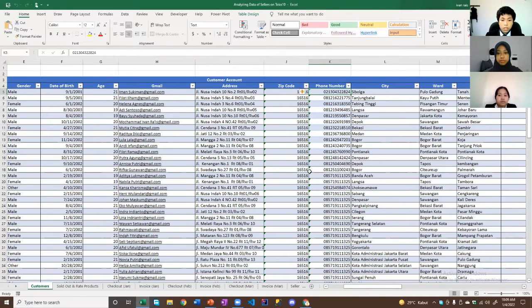After I explain the customer worksheet, I'm only going to explain checkout January and invoice January. I will not explain checkout February, invoice February, etc., because they have the same pattern and formula.